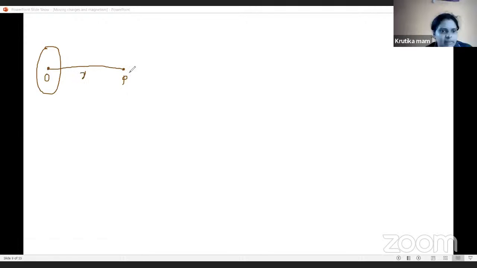This is labelled Q. You can see OPQ is a right angle triangle. dl is the current element, and this is r.